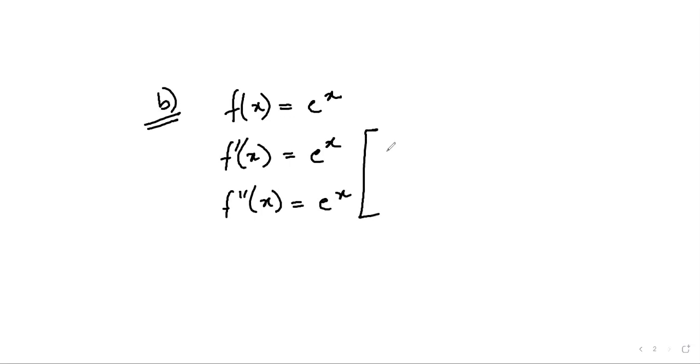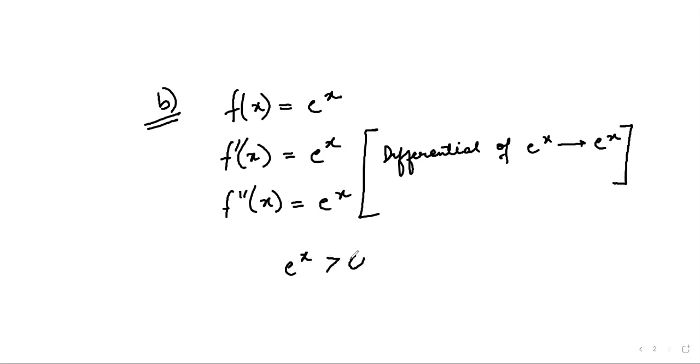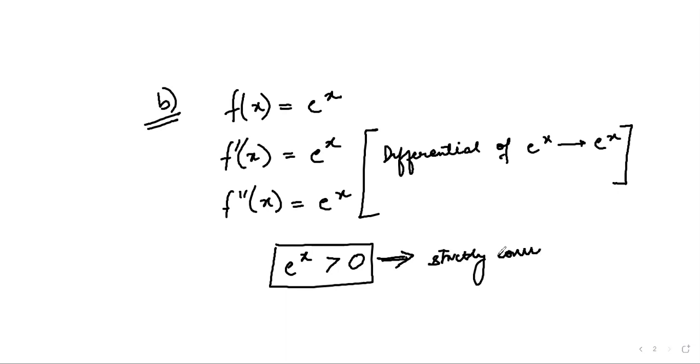Why? Because the differentiation of exponential is the same. And I know that e to the power x is strictly greater than 0, which implies that this is strictly convex.